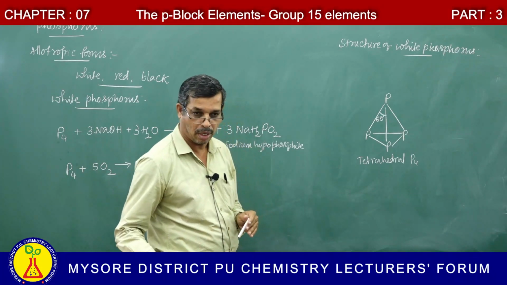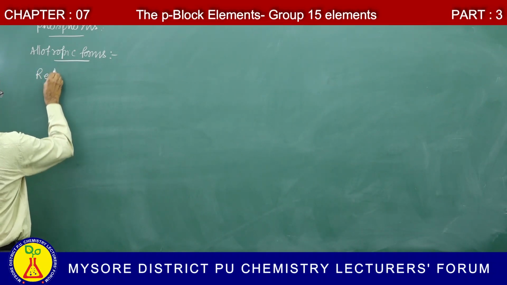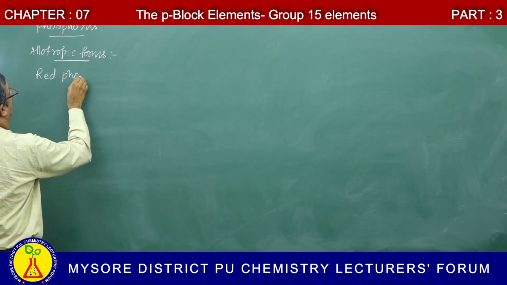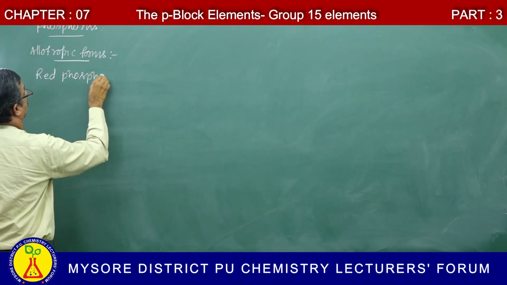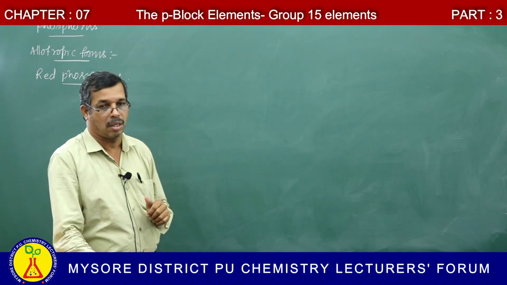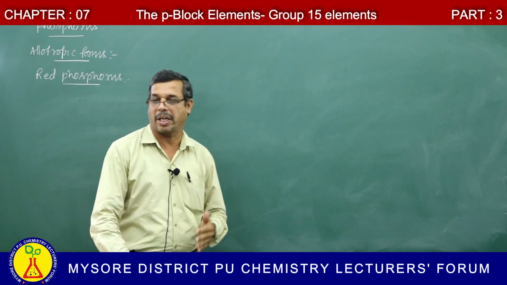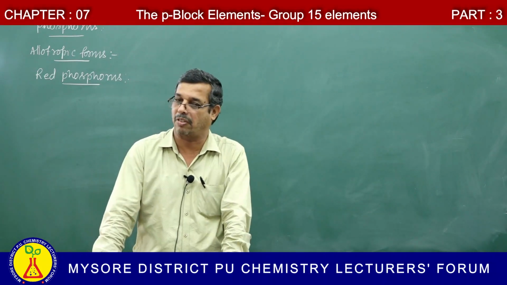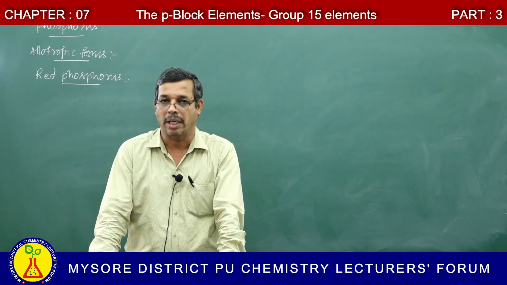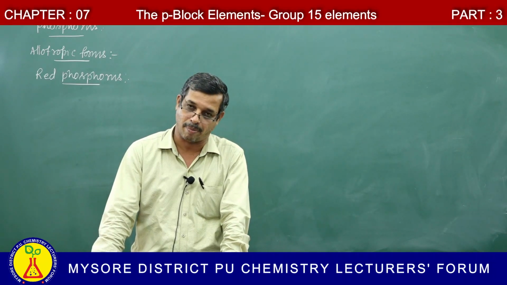Next one, red phosphorus. Red phosphorus is prepared by heating white phosphorus at 573 Kelvin in an inert atmosphere for several days.